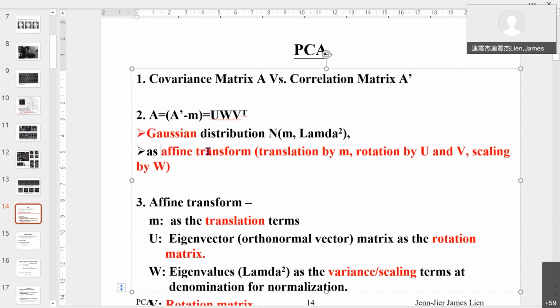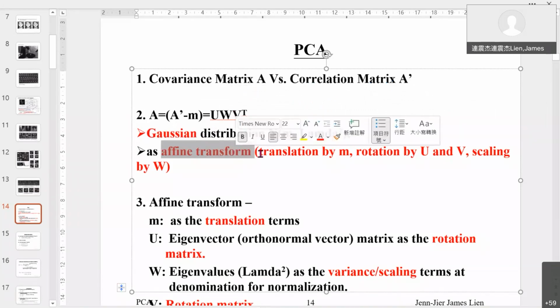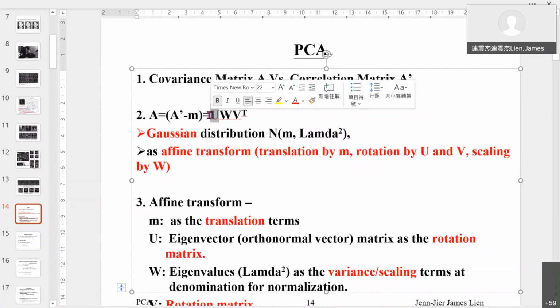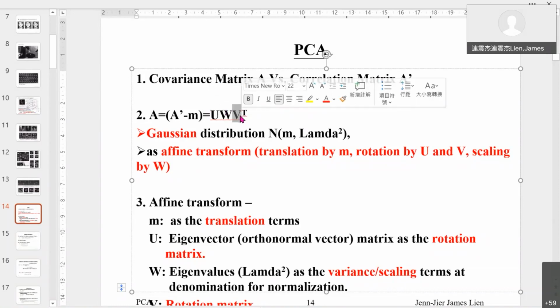Also, it's an affine transform because you have a translation and a rotation. U is the eigenvector, the rotation vector. You also have the other rotation vector V. You can shift V to here.